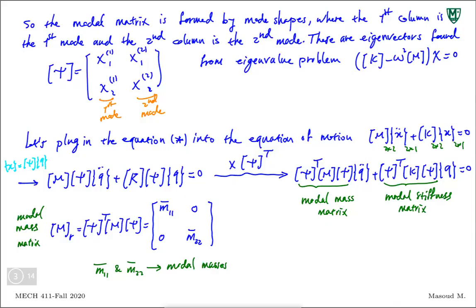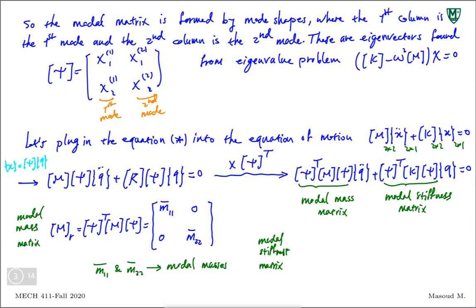Important concept, guys, pay attention. So now we are introducing the modal mass matrix and modal stiffness matrix. The elements of the modal mass matrix are called modal masses: first modal mass M11 bar, and second modal mass M22 bar.